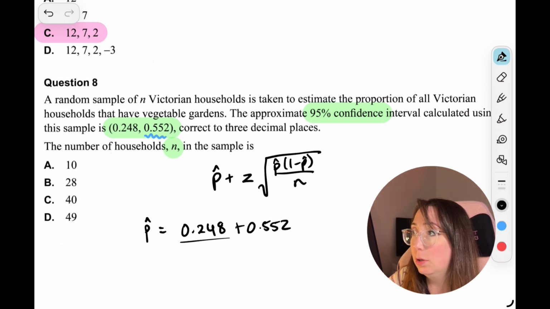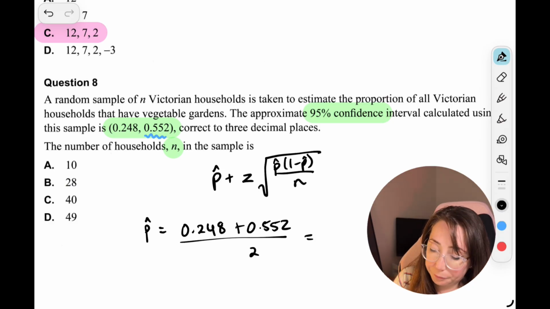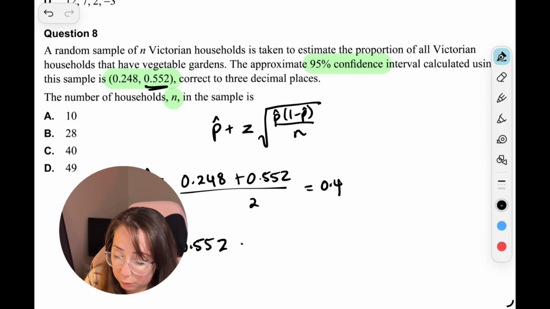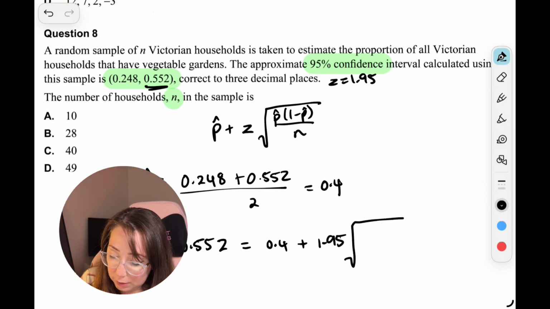Divide that by 2. In an exam, I would not write that down. Let's just go straight on the calculator. Plus 0.552, divide that by 2. So p hat will be 0.4. And so for the right-hand side over here, 0.552 is equal to 0.4 plus, for 95% confidence intervals, that is 1.95, I'm pretty sure, around there at least, times root 0.4 times 0.6 on n.